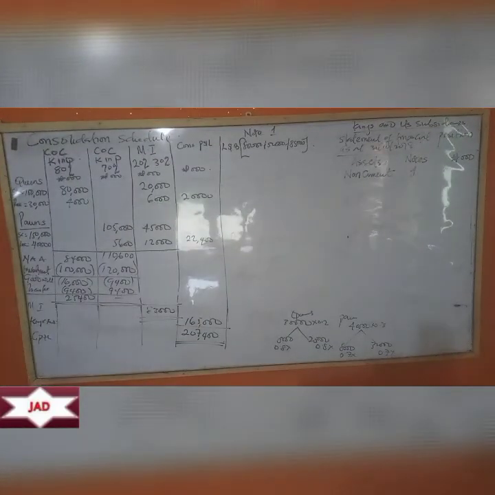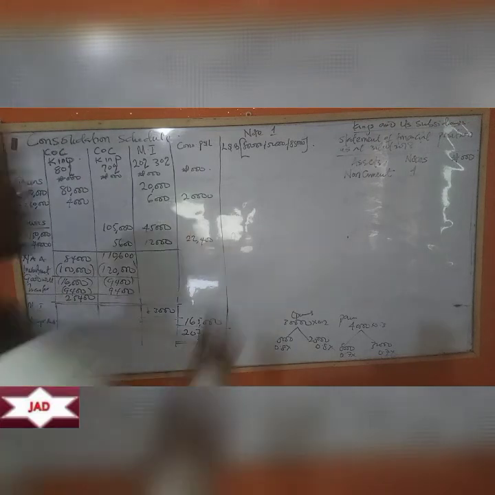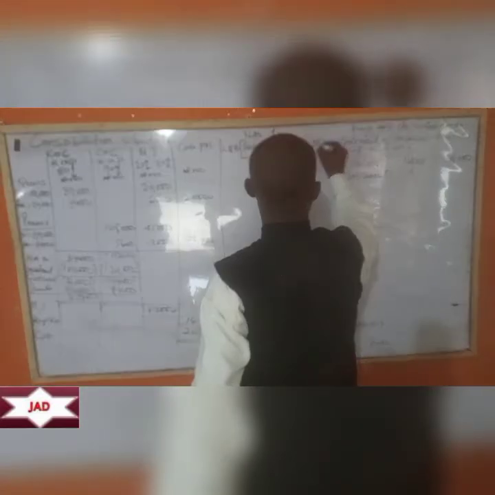So what do we have there? 80,000 plus 52,000 plus 85,000, 217,000. So we have 217,000.